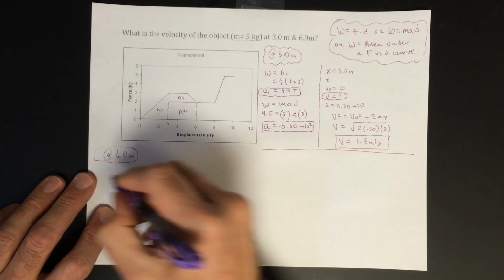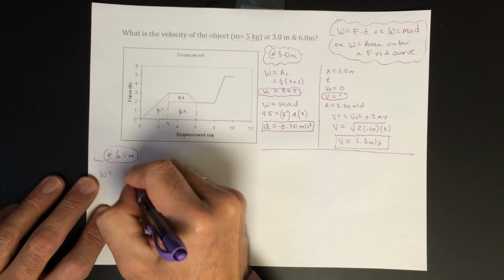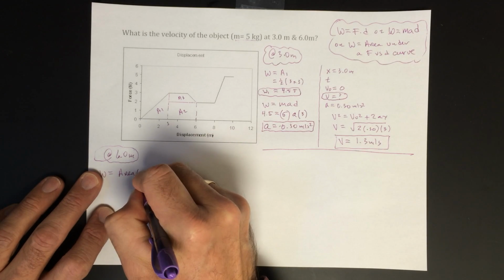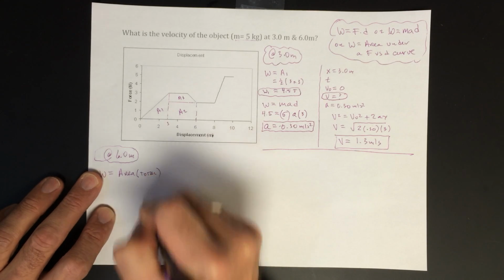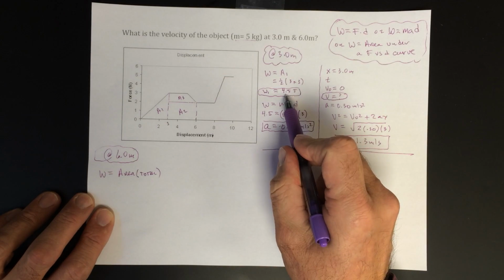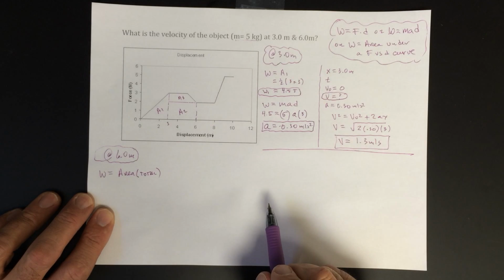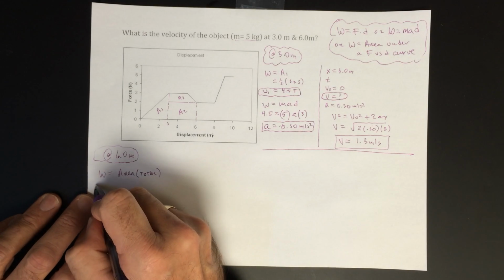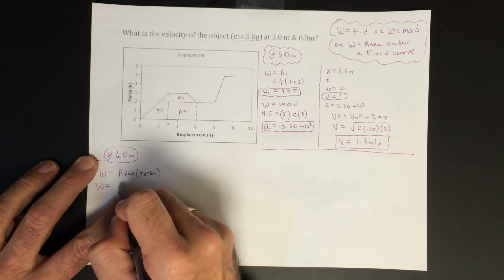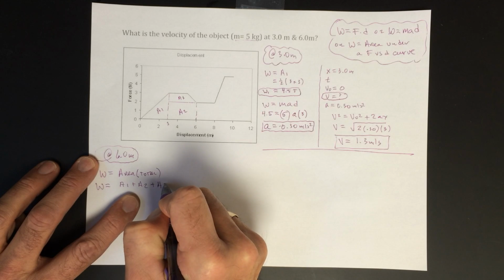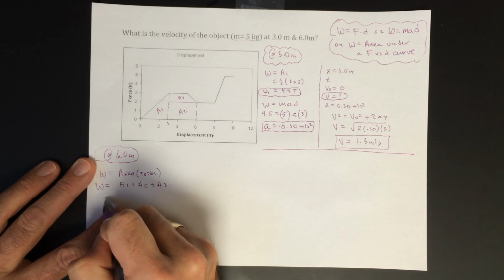Okay, and I'm going to take the same approach. Work is going to be equal to the area total, right? And I already have A1. A1 is equal to 4.5. So let's calculate A2 and A3. So work is going to be equal to, here I'll write A1 plus A2 plus A3 to make it clear to you.